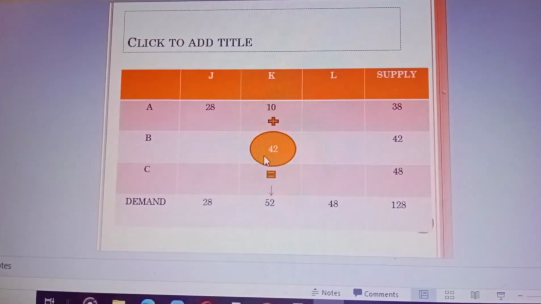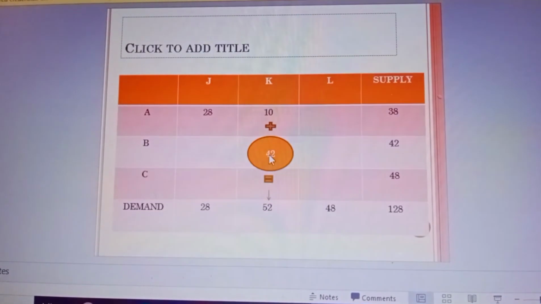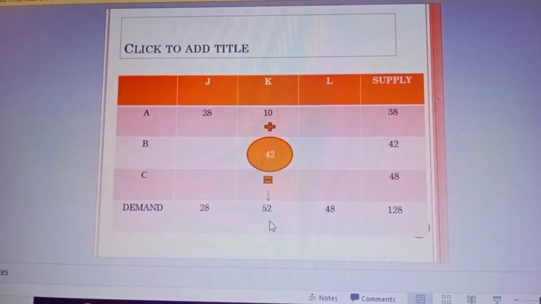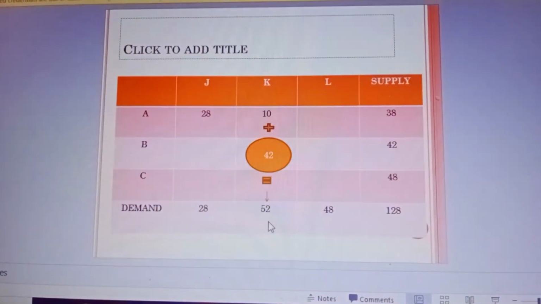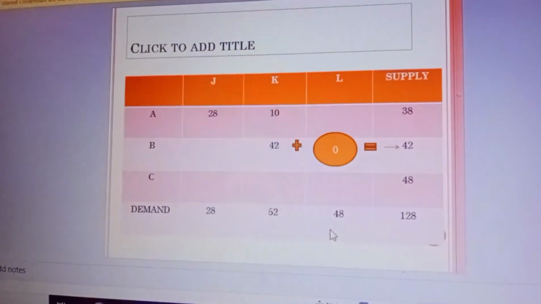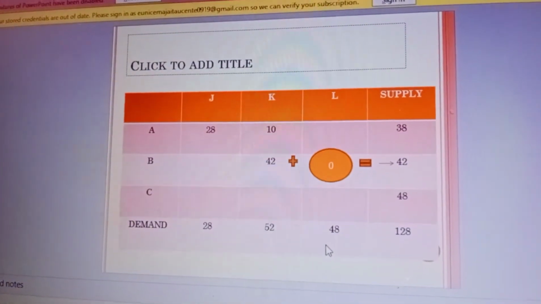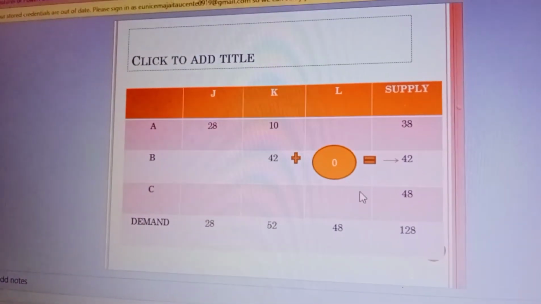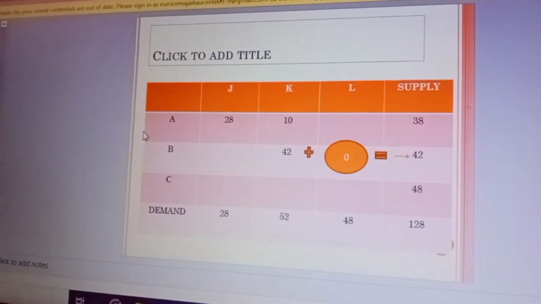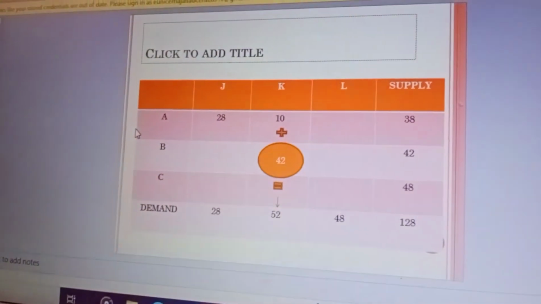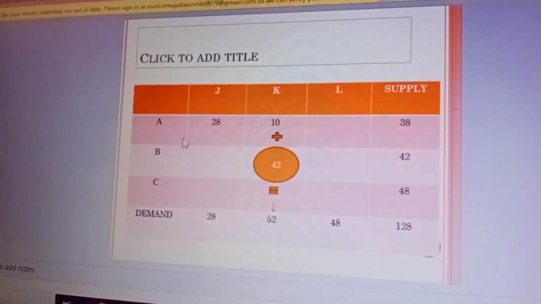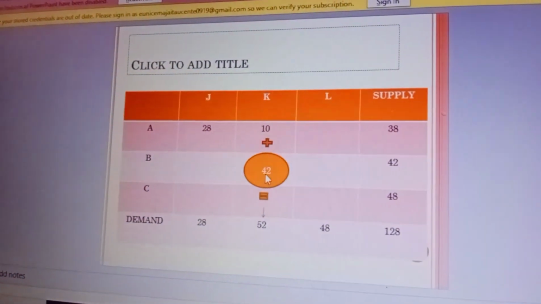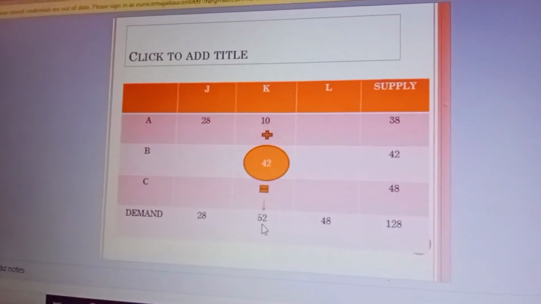So that's why we add the 42. 10 plus 42 is equal to 52. This is our answer using the northwest method. Like what we have done earlier, we find the number 10 and the number 42, so that's why we got the 52.